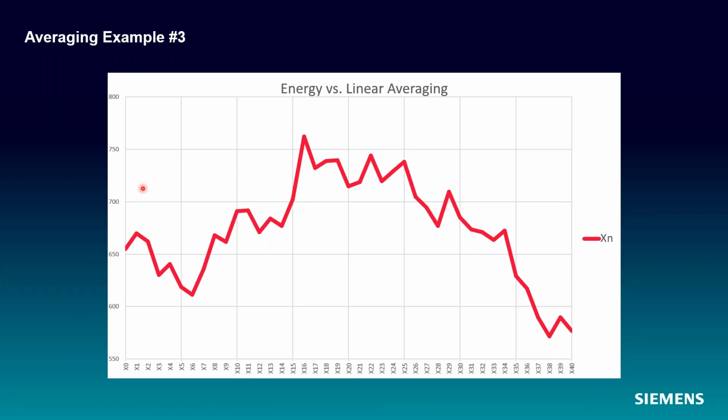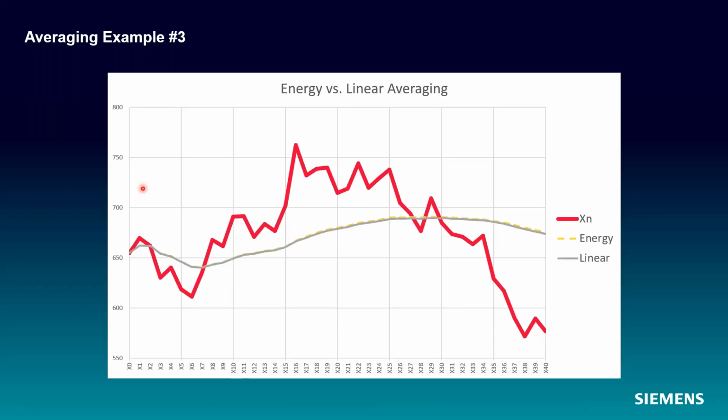So if I calculate, again, the moving average, linear and energy function versus data points, you see that essentially there's almost no difference. You have to get to at least the second or third significant digit before the linear and energy averages vary very much. And so it's because all the data that I'm giving it is roughly in the same ballpark of amplitude. Whereas in that transient example, we had bigger differences between them.